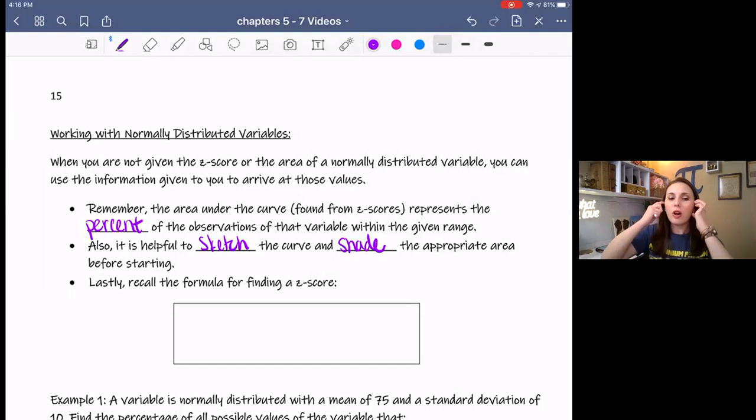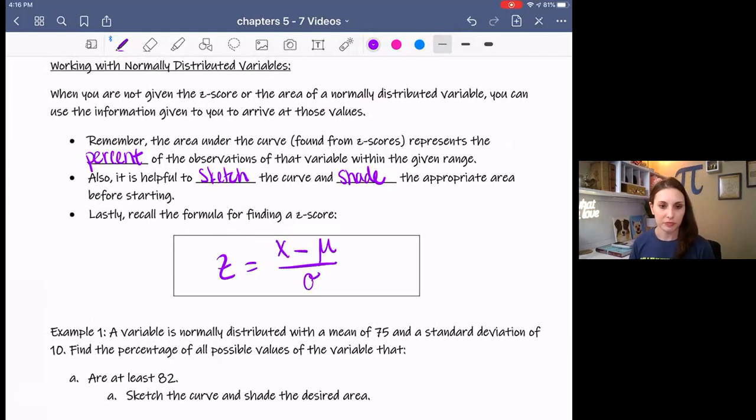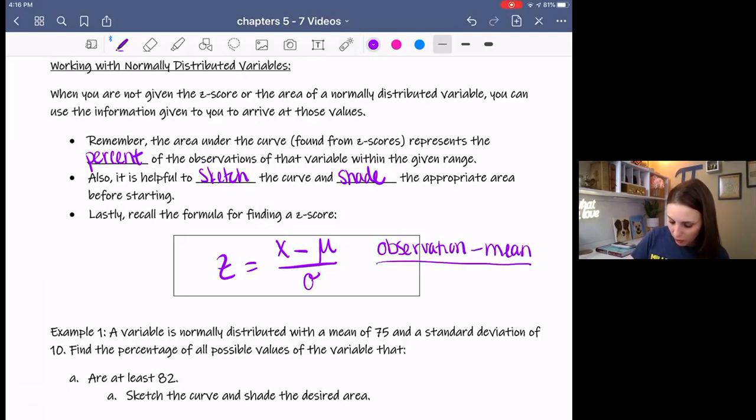And lastly, if you recall, we have found z-scores. The formula for finding a z-score is z equals the observation minus the mean, over the standard deviation. The observation might be an X value or a data item or whatever.